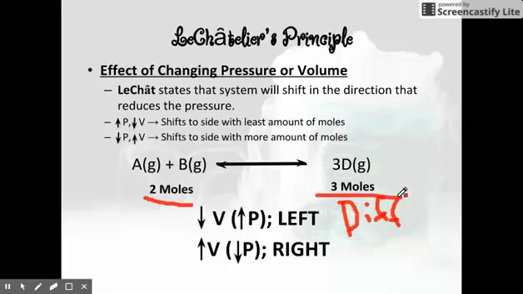Sometimes you will have a reaction that has a gas and a gas, and maybe this one was a solid. So solids aren't affected. Liquids aren't affected. Only gas things, so this would change to 1. Only gaseous things are going to be changed as a result of changing pressure or volume.